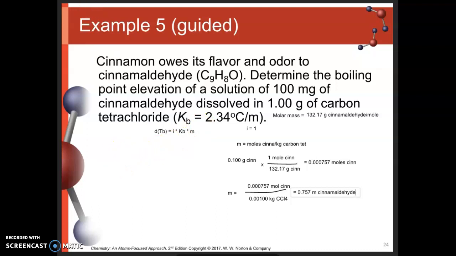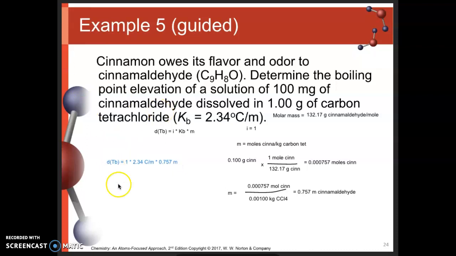Let's figure out the boiling point elevation. So the change in boiling point is equal to I, 1, times Kb, 2.34 degrees Celsius per mole, times the concentration, 0.757 mole.